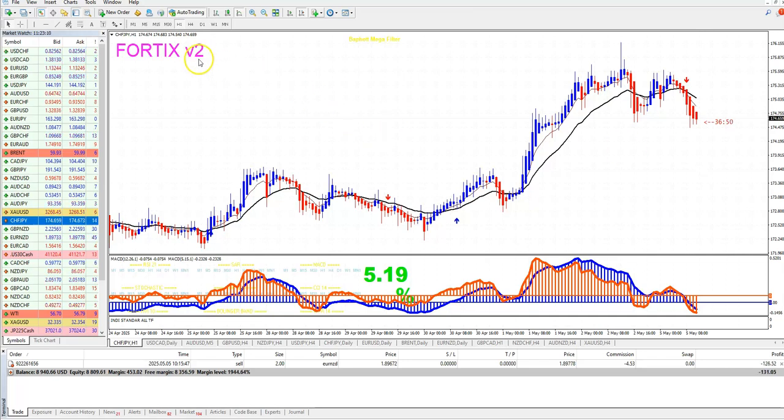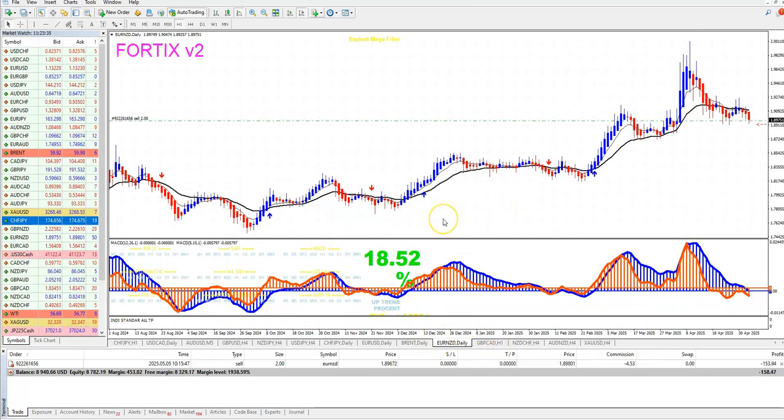Of course, with Fortix V2, with this third confirmation, you will get, guys, less trades than with version 1, but accuracy will be higher and you will be more confident. You see, with our confirmation of this.